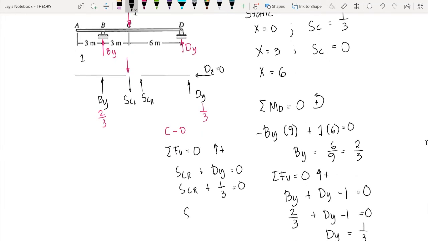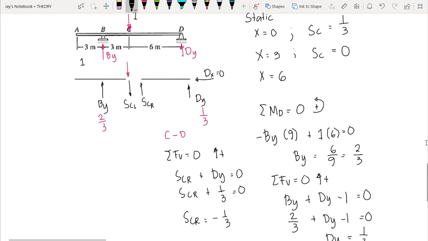So SCR is equal to negative 1/3. Therefore, the ordinate on the left side of point C is equal to negative 1/3.